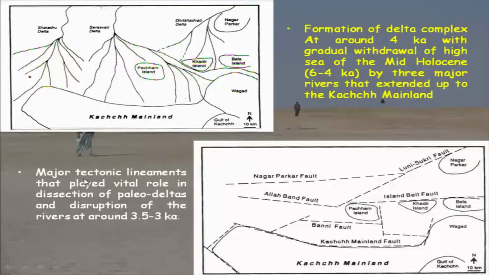So we say that after 4,000 years, the tectonic activity was more intense in this area, and that allowed the reactivation of fault lines and disruption of the channels along different faults like the Nagar Parkar fault, Luni Sukri fault, Allah Bund fault, Island Belt fault, and so on.